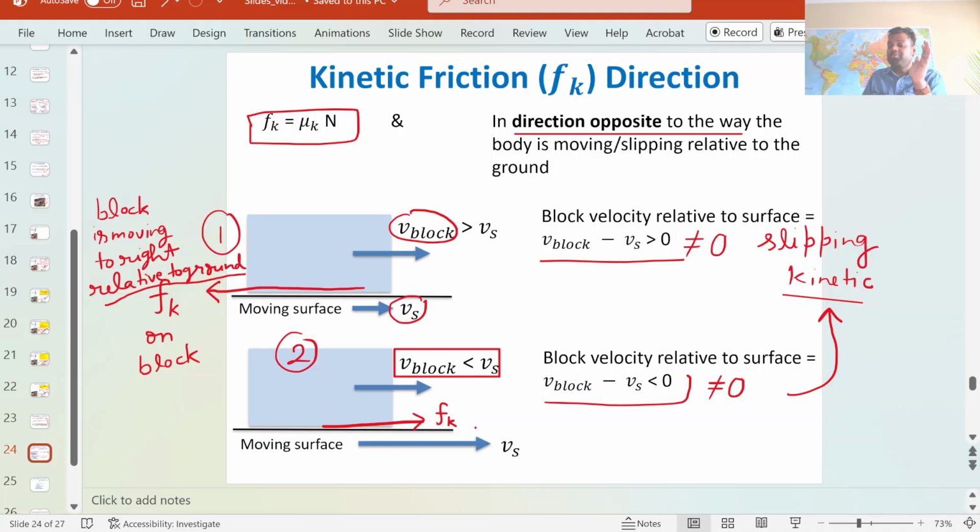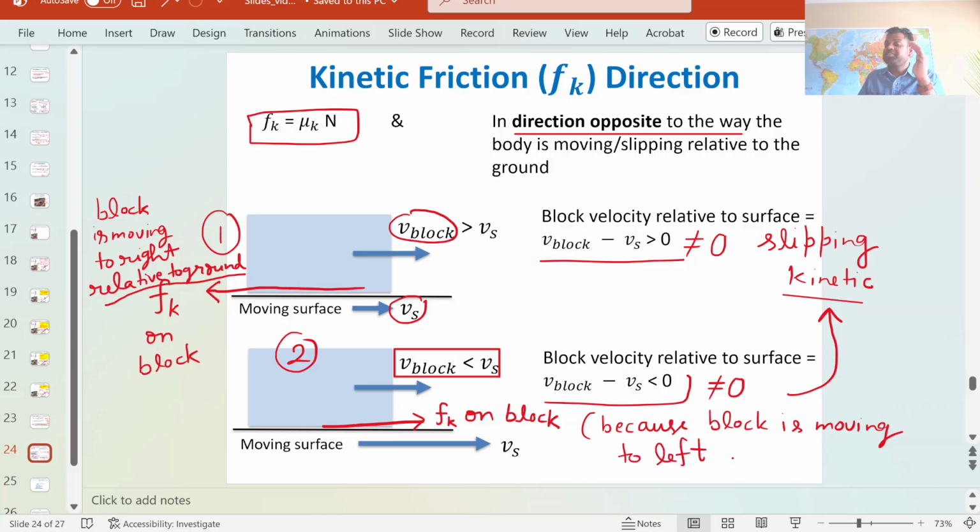Kinetic friction on the block is applied by the surface, Fk on the block, because the block is moving to the left, and that is very interesting, to the left relative to the surface, and that is something you must understand.